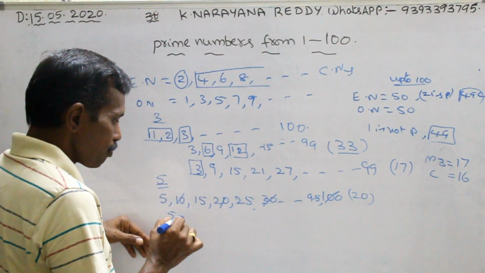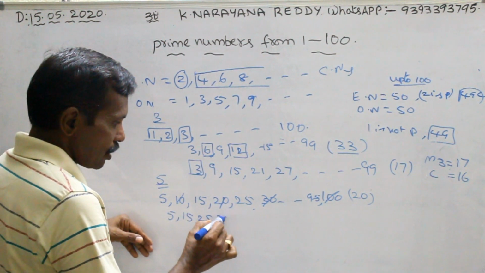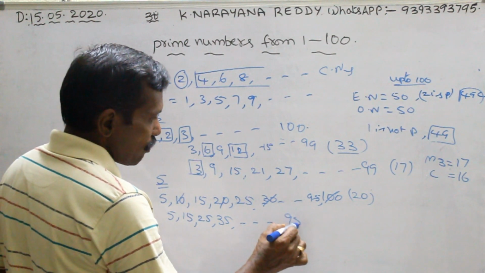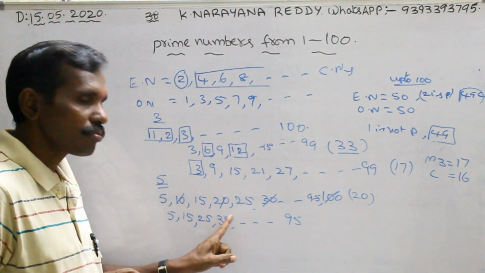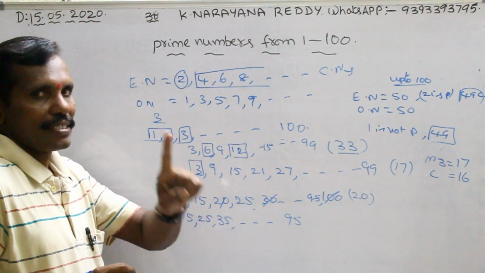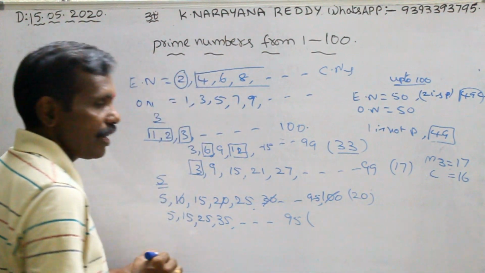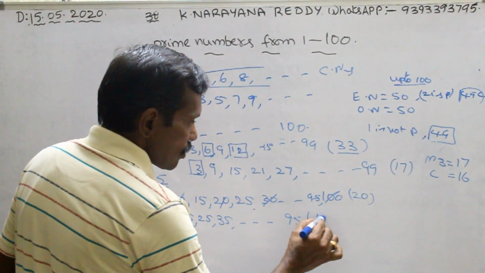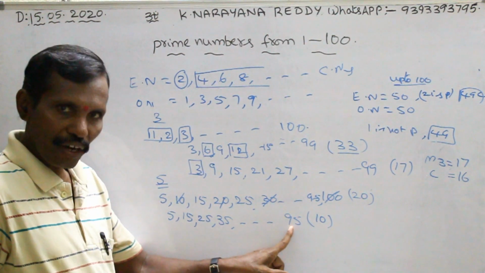Now 5, 15, 25, 35 up to 95. These are all multiples of 5 which are odd numbers. But how many are there? 10. Why? Because the starting digit is 5 and the ending is 95.